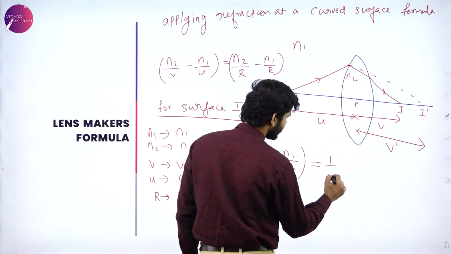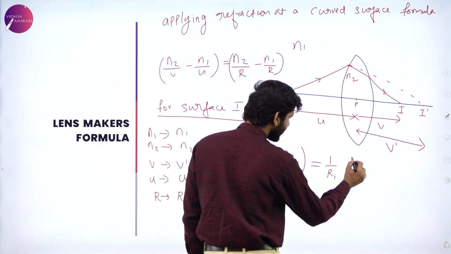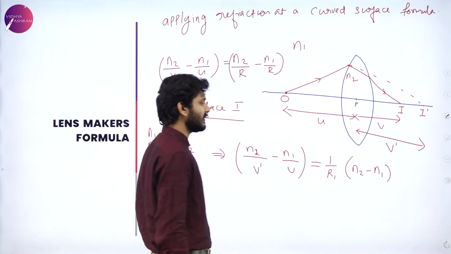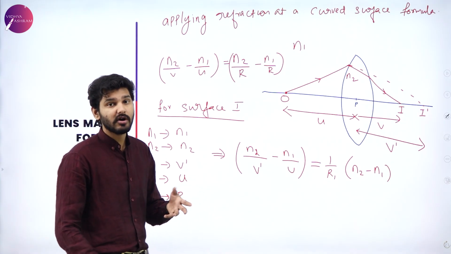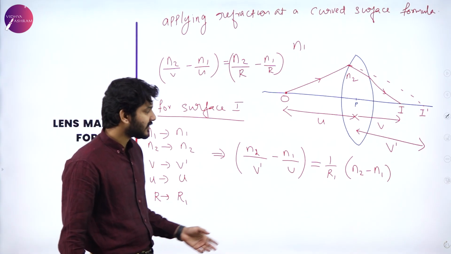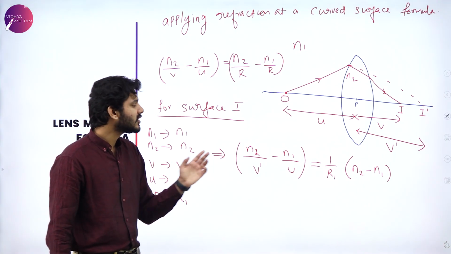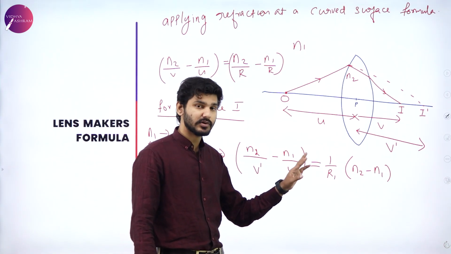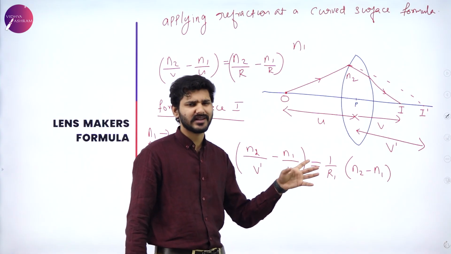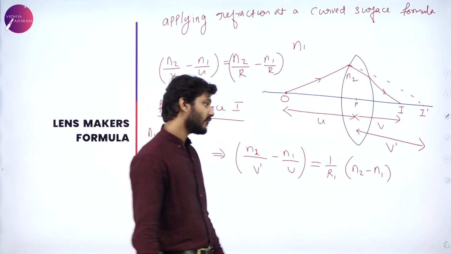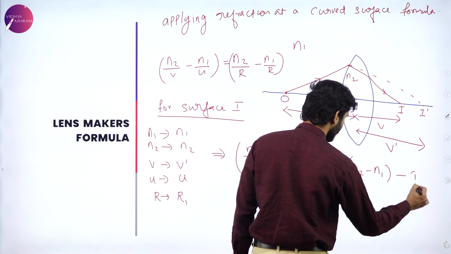So this will be equal to 1 by R1 into N2 minus N1. Right. From the equation of refraction at a curved surface, we can write the equation as transformed, as you see now. V becomes V dash, and R becomes R1. That is the only slight change we brought in this equation. Now we'll call this equation number 1.